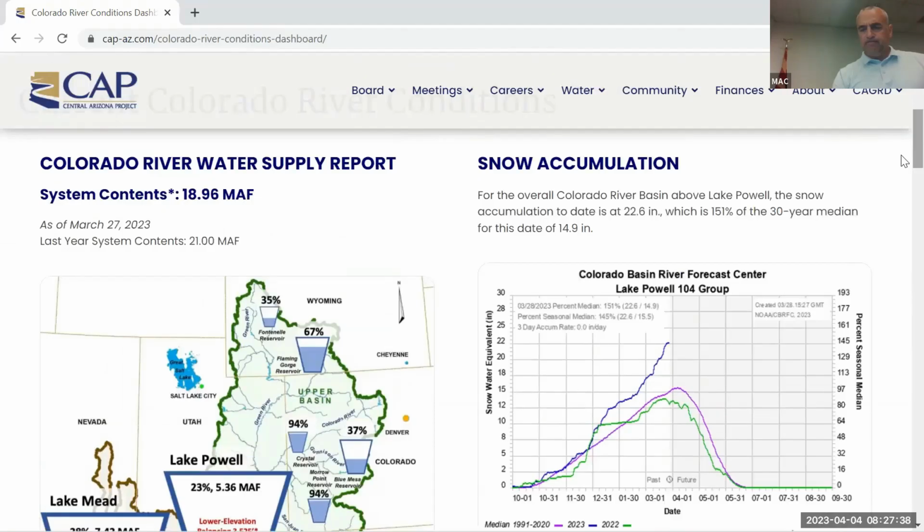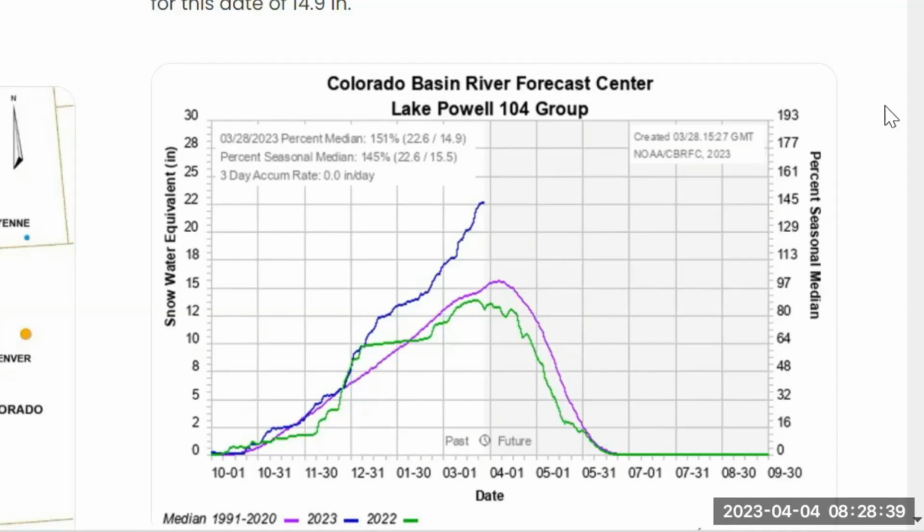And this is tracked very carefully by the Colorado Basin River Forecast Center. What they do is generate these snow accumulation, these SWE figures, and this is sort of what they look like. This is a graph of the snow water equivalent for the current year.